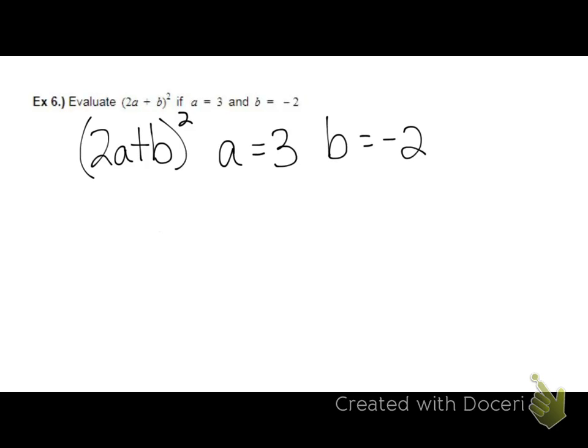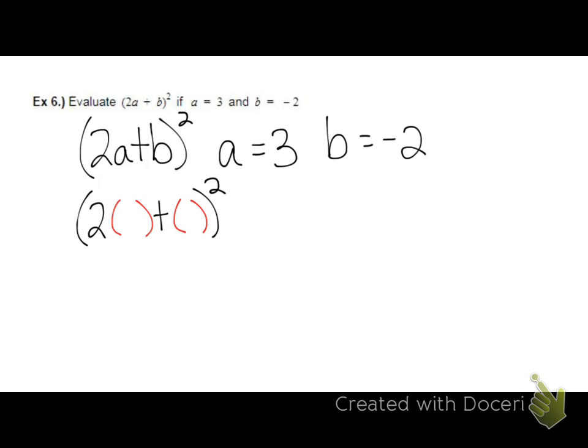This is another evaluate type of problem, but this one involves more steps than the ones that we did. We also have 2 variables that we have to plug in. I would still recommend putting parentheses wherever you had a variable before. So a parentheses where A was, parentheses where B was, but leave everything else the same.